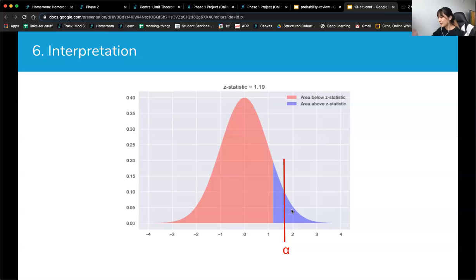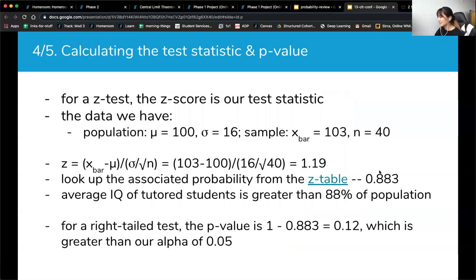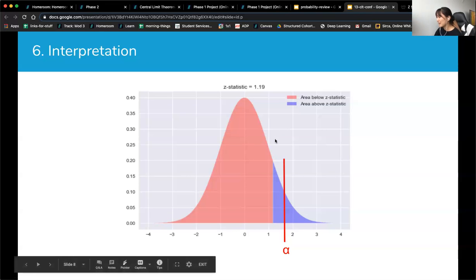So here we have our alpha. Another thing to talk about is that test statistic that we came up with. That test statistic here is 1.19, and 1.19 is denoted by the division between the red and the blue section.